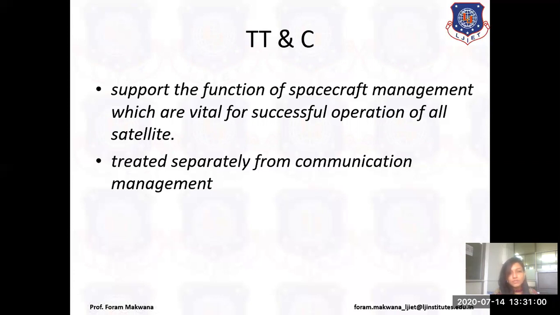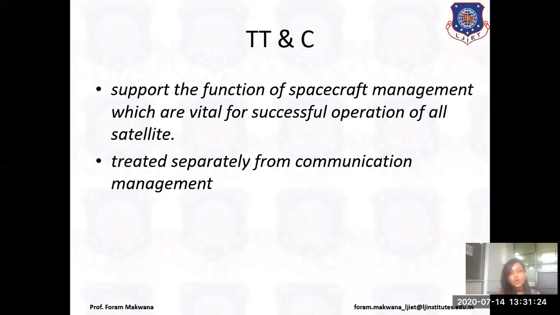It supports the function of spacecraft management, which are used for successful operation of all the satellites. So it can be treated separately from the communication management. So as its name includes telemetry as well as tracking and command.